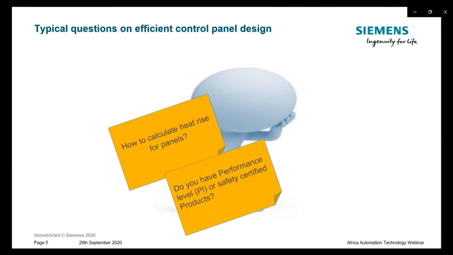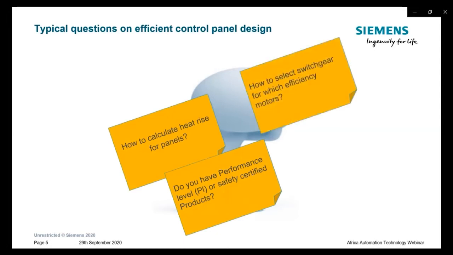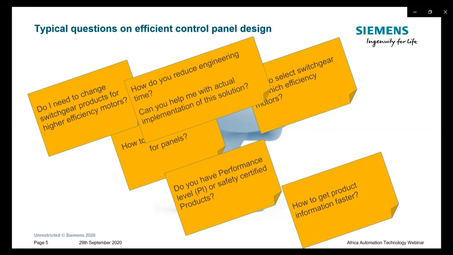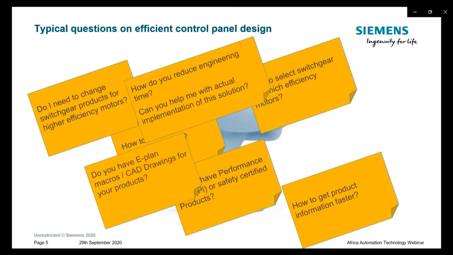Or maybe you have performance level or safety certified products to implement in your equipment. How to select switchgear for which efficiency motors? When do I need to change products? These types of questions and many others may come to your mind.